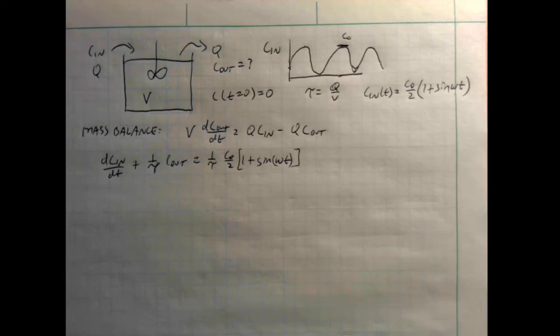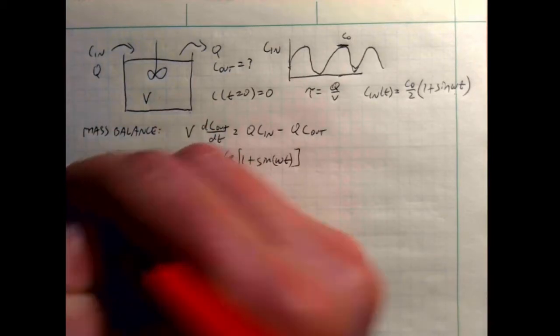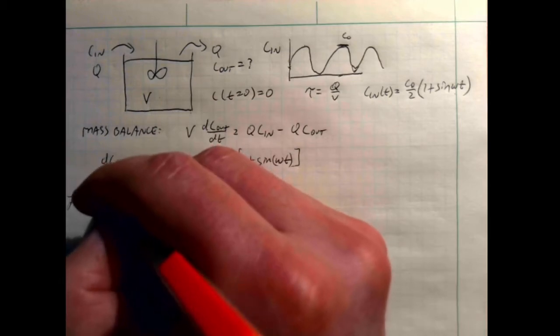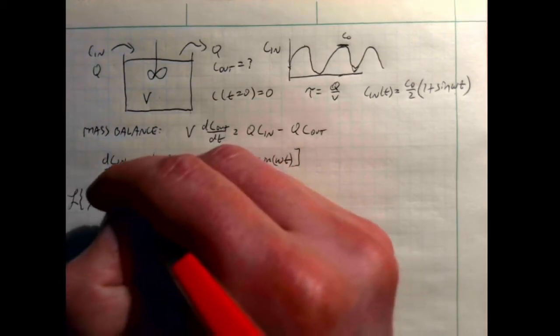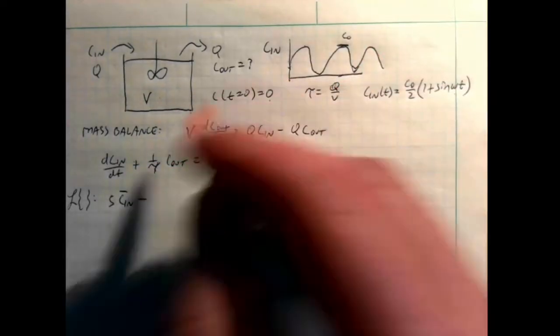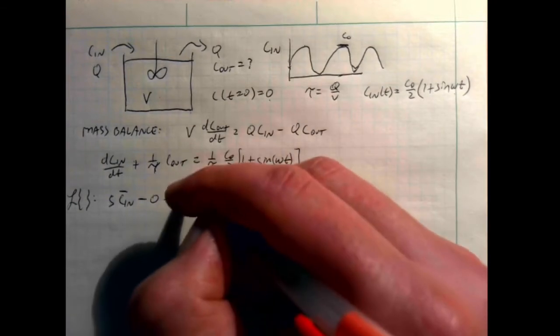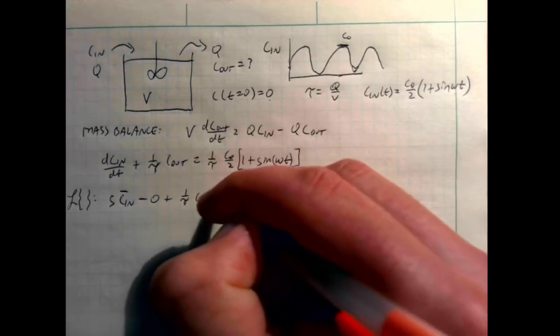So we can do this with Laplace transforms. So if I take the Laplace transform of this, imagine I'm Laplacing the whole thing, I'm going to get s times C out bar minus my initial condition, which is 0, so it's just a 0, plus 1 over tau times C out bar.